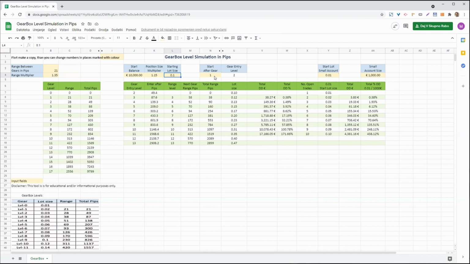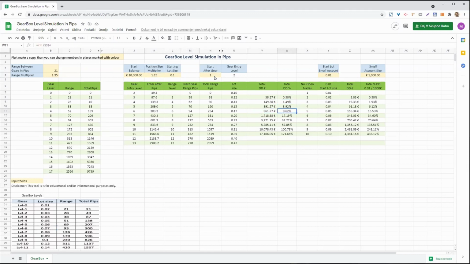In this case, you see that here we have on the right 0.1 for 1,000, and this is 0.01 for 10,000.